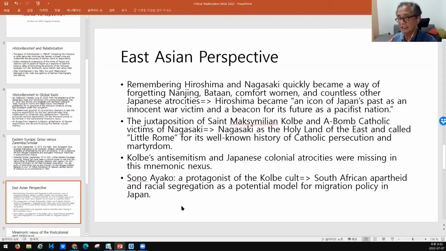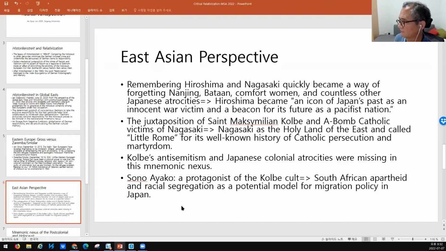So sometimes this juxtaposition is mechanical or very sophisticated, but sometimes it contributes to nationalizing the memories of the victims of any specific nation.